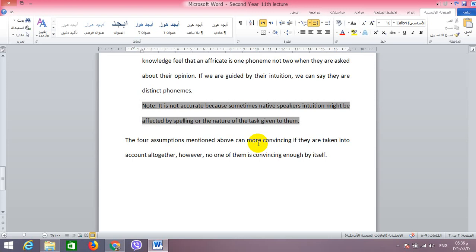So we prefer the one phoneme analysis. Why? Because we have four assumptions. If they are taken all together, they are more convincing than the first analysis, which is the two phoneme analysis, which is only motivated by economy. It's only for the sake of economy that we do not consider these as distinct phonemes.